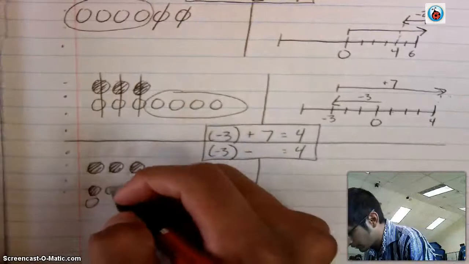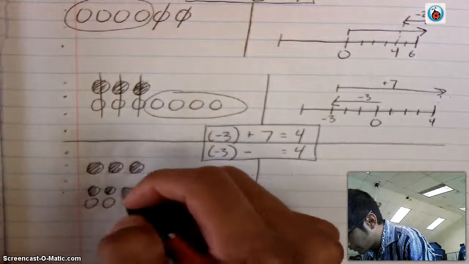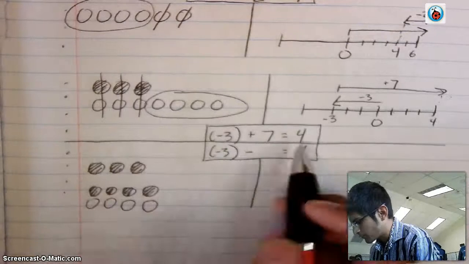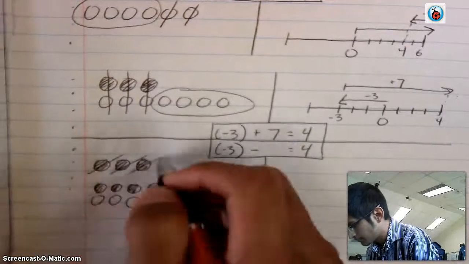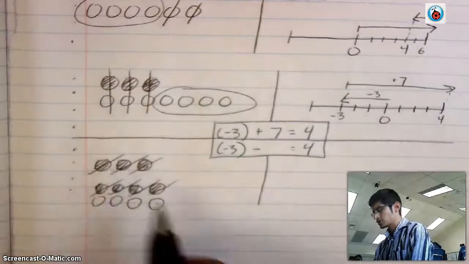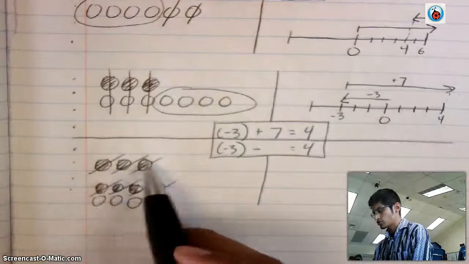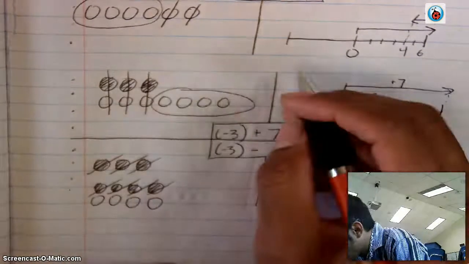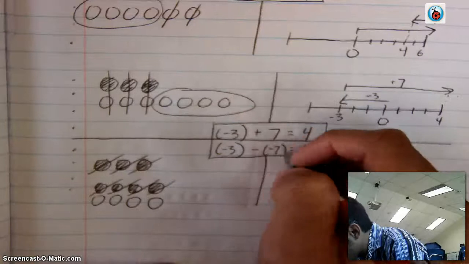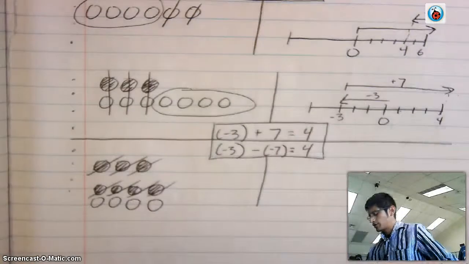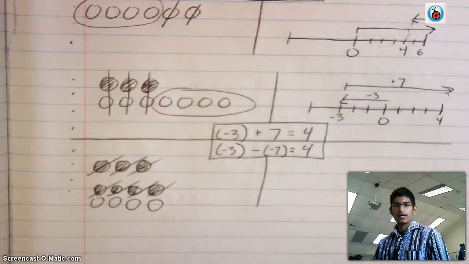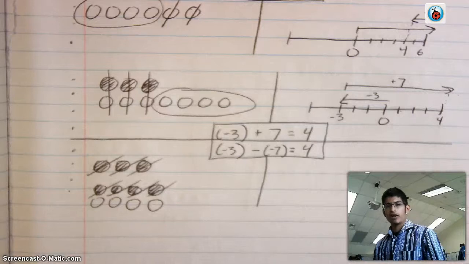Keep on doing this: another 0 pair, another 0 pair, another 0 pair. Now I have 4 positives, so let me get rid of everything else. How many negatives did I just cross out? 7. So negative 3 take away negative 7 equals positive 4. These two have the exact same answer: negative 3 plus 7 equals 4, and negative 3 take away negative 7 also equals 4.